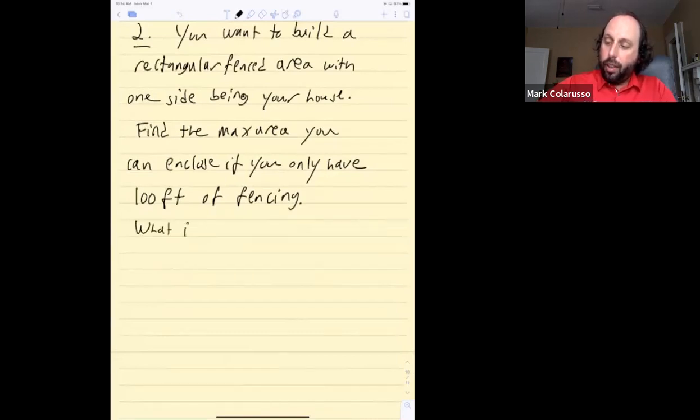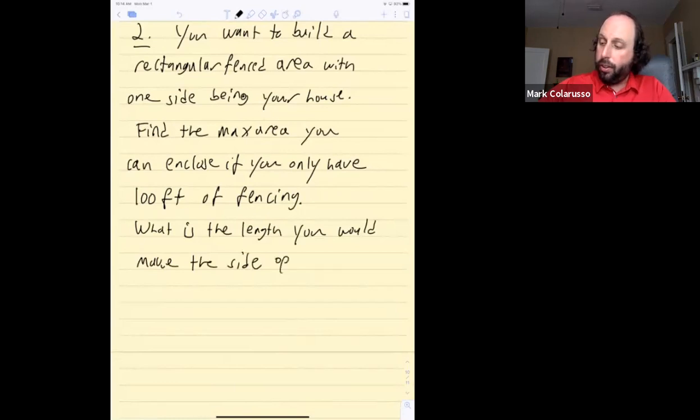What is the length you would make the side opposite your house?